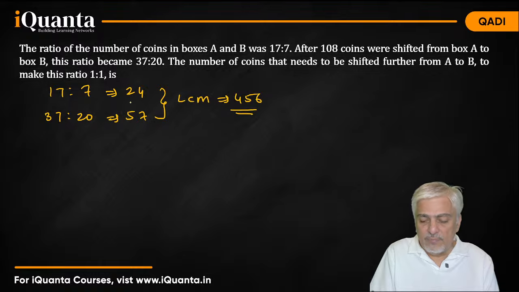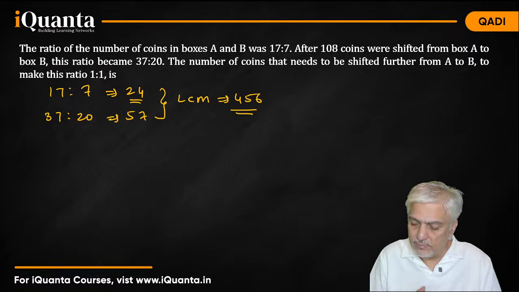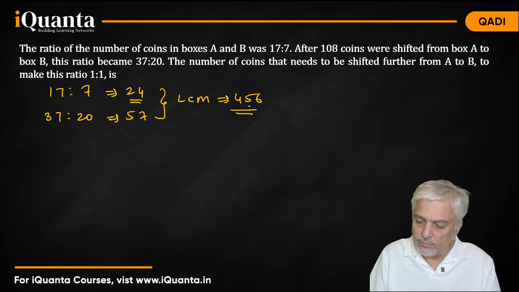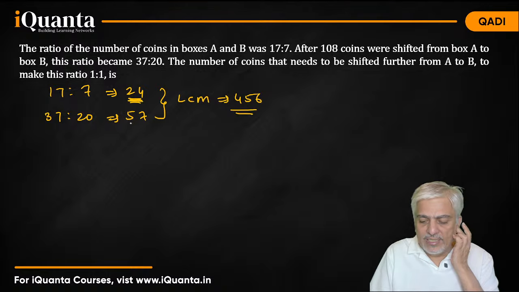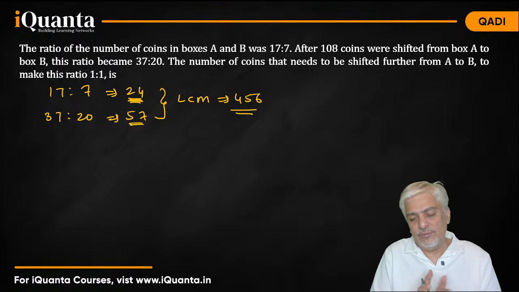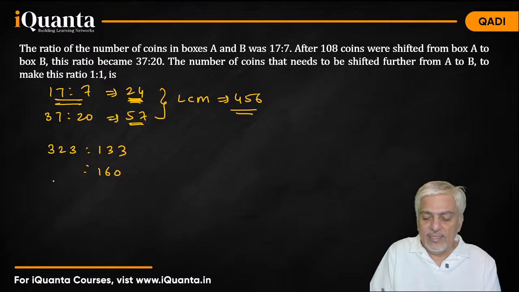That means this number will become 24 into 19, and this number will become 57 into 8, which is as good as 456 in both cases. So multiply this by 19. This will become 323 and 133, and this will become 160 and 296.